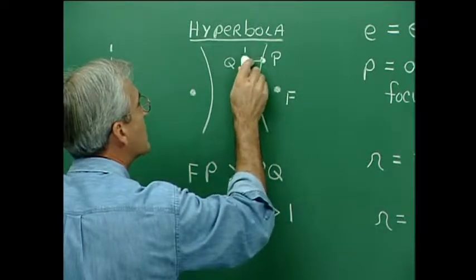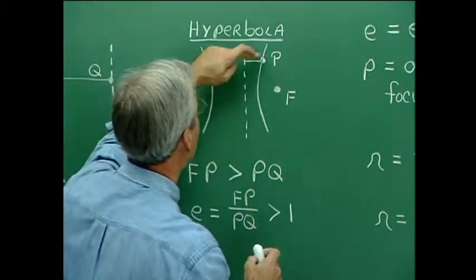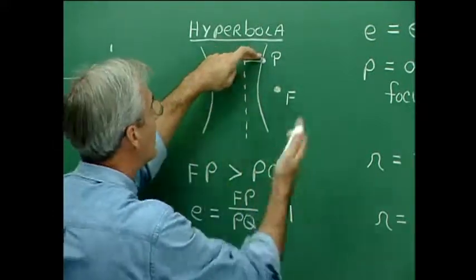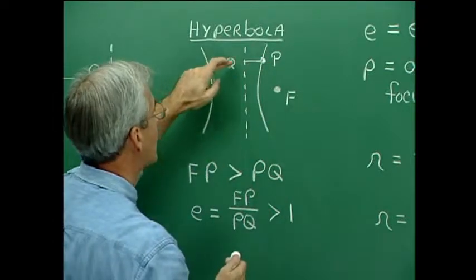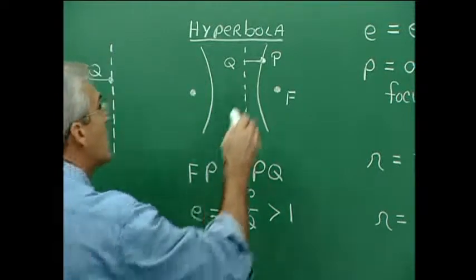Notice that the distance PQ is always a perpendicular distance. From a point on the curve, whatever curve we're talking about, to the directrix, it's a perpendicular distance, or the shortest possible distance.